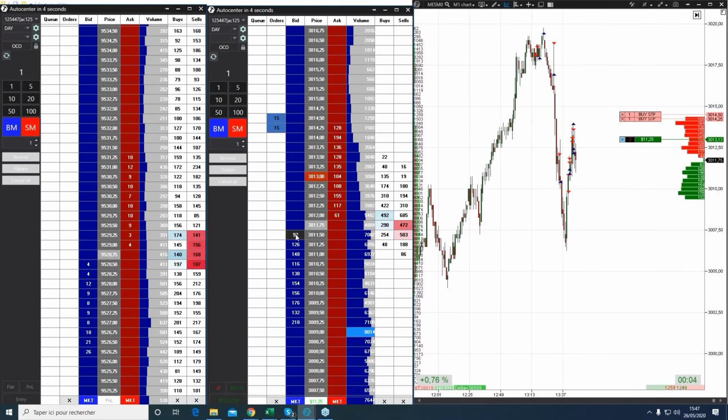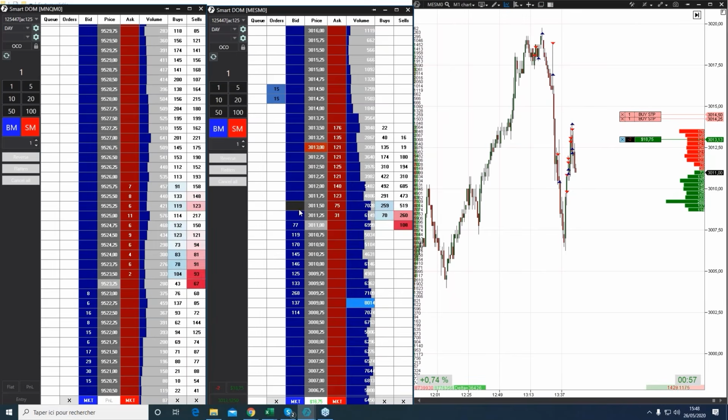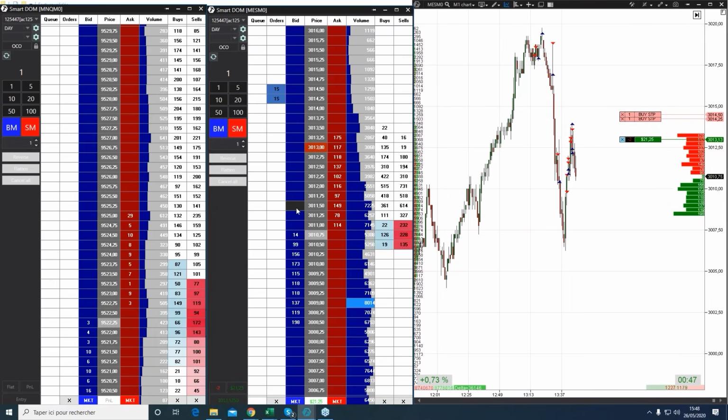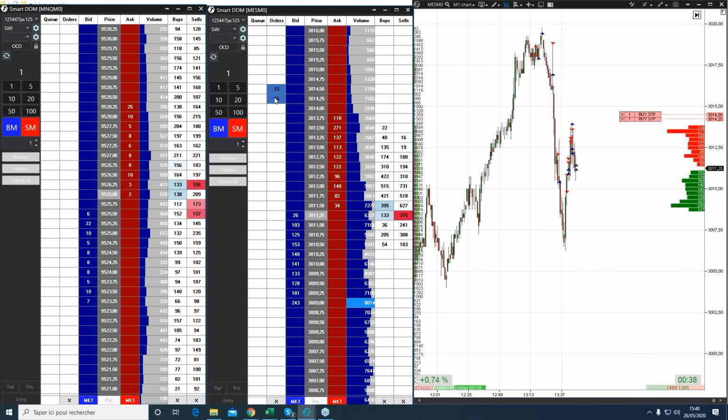Tarek has his stop, as you can see, at 40.25. The S&P is plunging, so that's good for us. 11.50, still buying. Yeah, a buyer who blocks the closes.